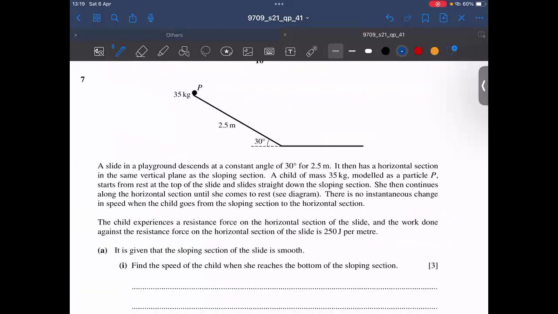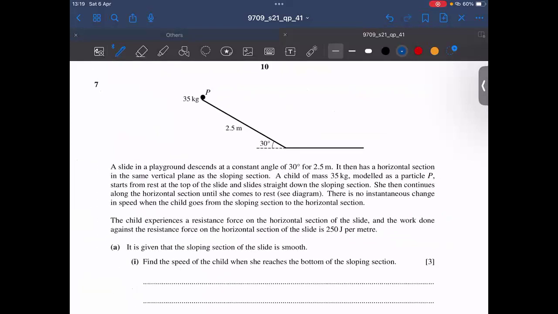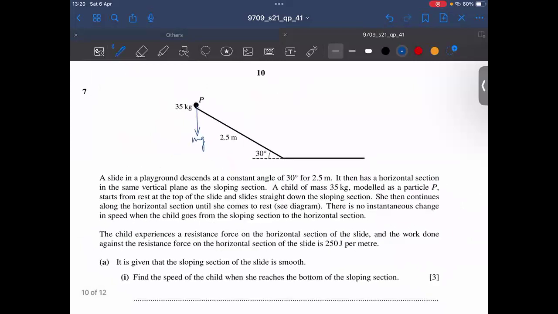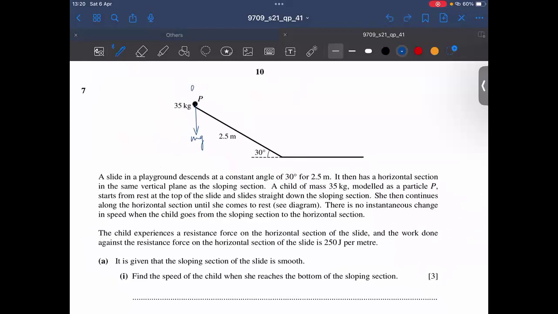Yeah, fine. A slide in a playground descends at a constant angle of 30 degrees for 2.5 meters. It then has a horizontal section in the same vertical plane as the sloping section. A child of mass 35 kilograms, so you have the force of gravity mg acting on it, modeled as a particle, starts from rest, u is equal to 0, and slides straight down the sloping section.